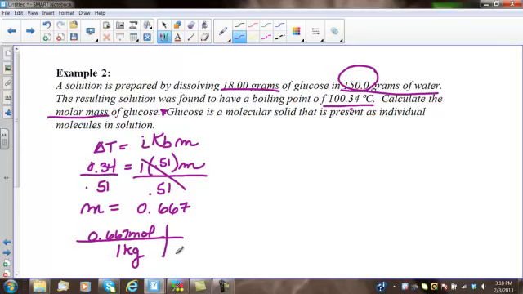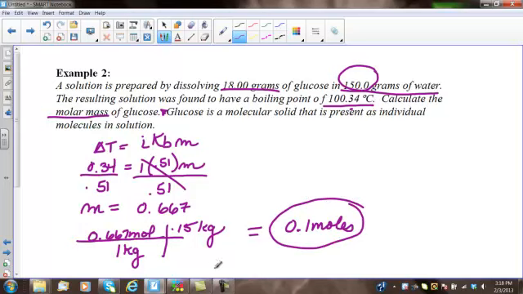So this would be 0.15 kilograms, because we need to get this in moles per kilogram. So 0.667 times 0.15 kilograms is going to be equal to 0.1 moles. So that's part of our answer.